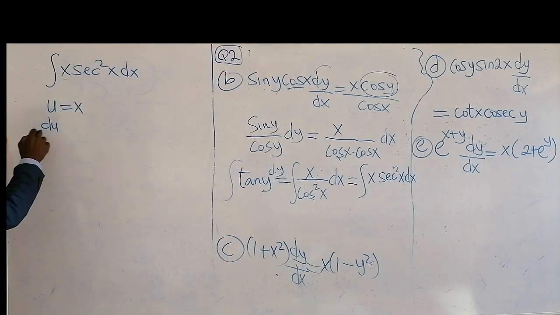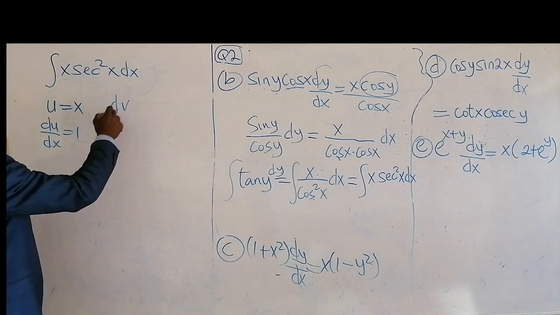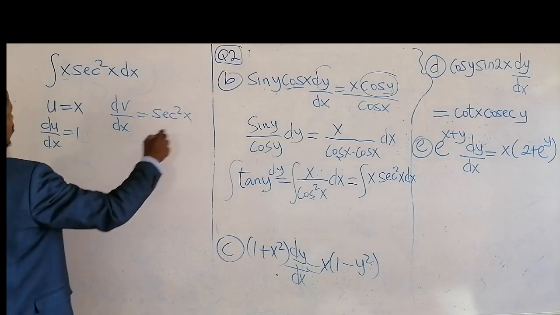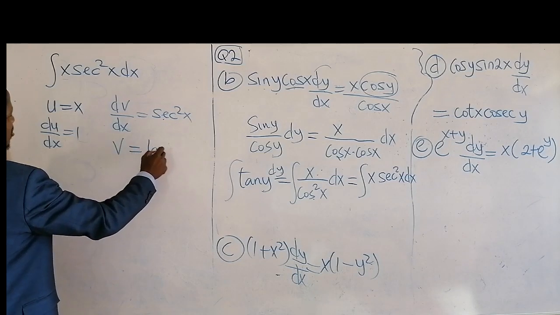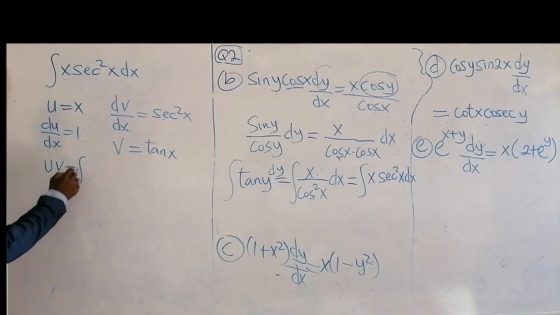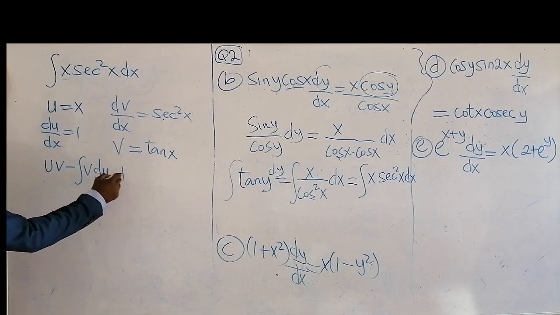So du dx is 1, and then dv dx is equal to sec squared x. So v will be the integral of this, which is tan x. So from the integration by parts, this is the formula, uv minus the integral of v du dx times dx.